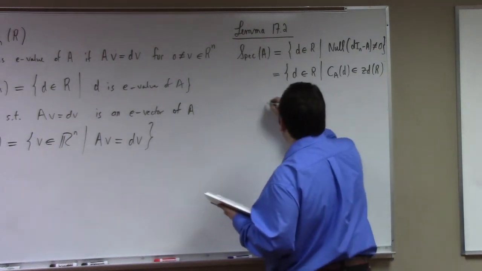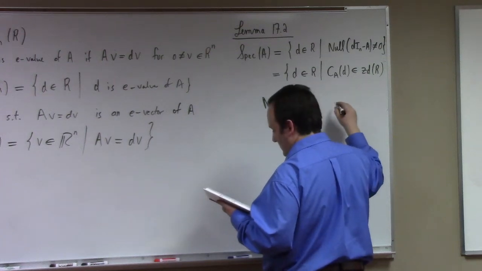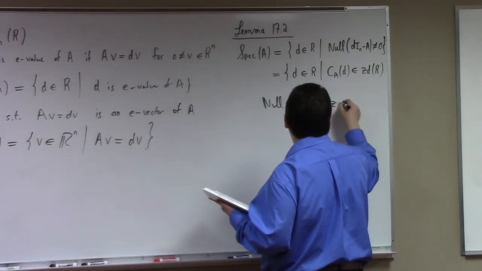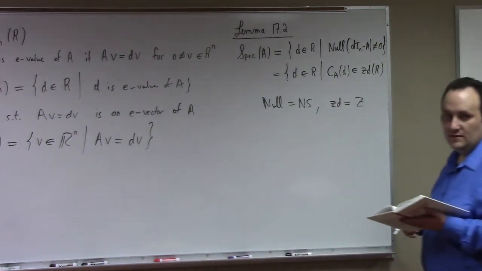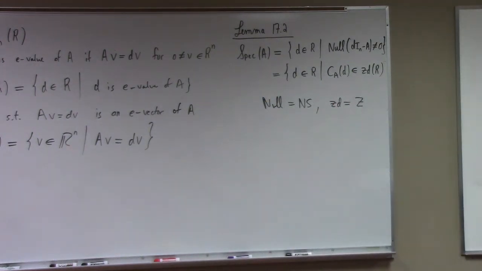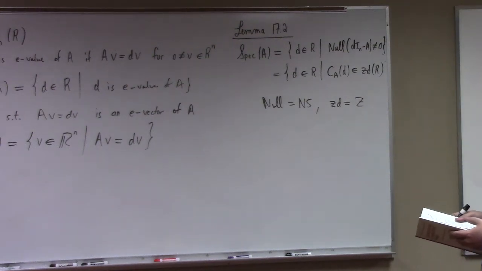He has null equal to null space, and he doesn't say zero divisors, he uses just a big Z for zero divisors. Not to be confused with the center, which is why I don't use it. So for me, Z(D), zero divisors. All right, great. Now c_A is what?